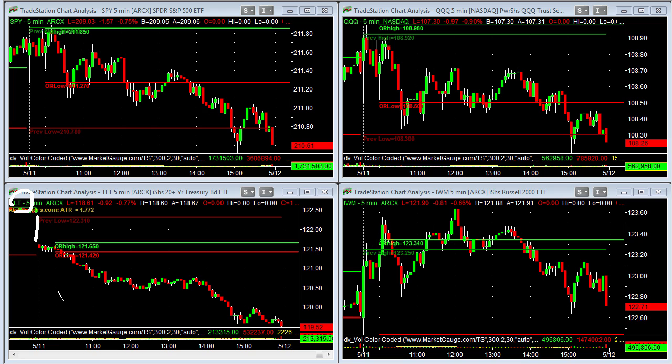The red line is the 30-minute opening range low, and you can see the bonds in their downtrend, the SPY in the upper left, the QQQ in the upper right, and the IWM in the lower right. So just to quickly assess what was going on in each of the markets, we look at the first half hour, and these are the ranges for each of our instruments.